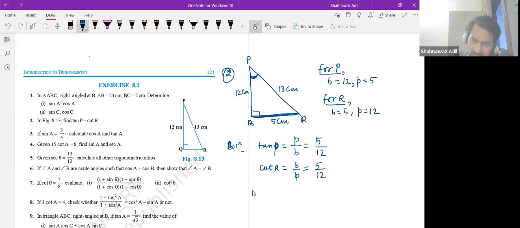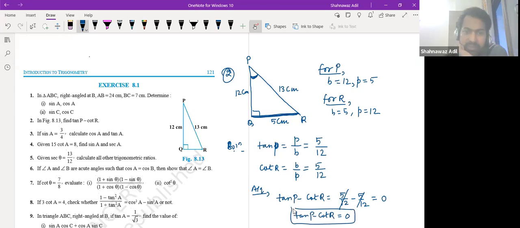So if we calculate tan P minus cot R, 5 by 12 minus 5 by 12, these will cancel and we get 0. So tan P minus cot R would be 0. Is this clear, Rifa? Yes. Please note it down and then we'll do the third problem.